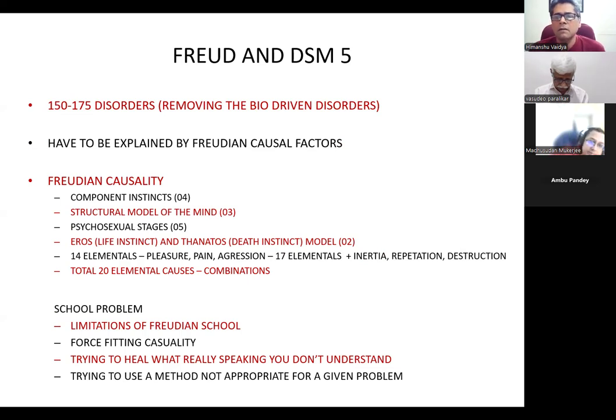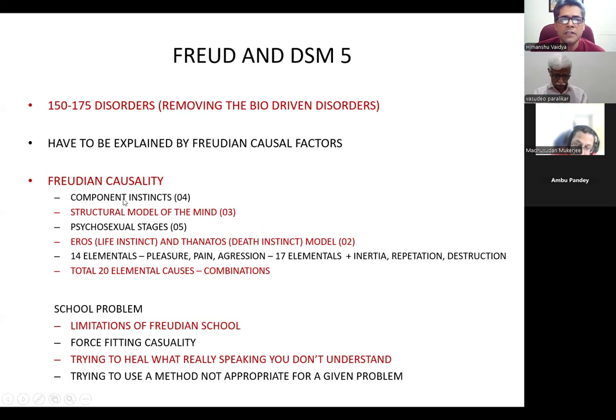So let us revise what we have learned till now. Freud talks of component instincts, right? If you remember, exhibitionism, sadism, masochism, voyeurism. He talks about the structural model of the mind, which talks of conscious, unconscious, ego, superego.